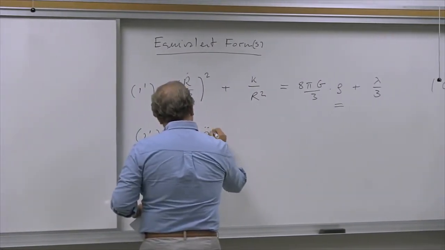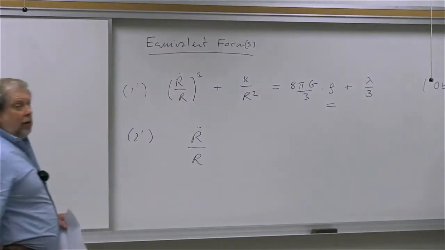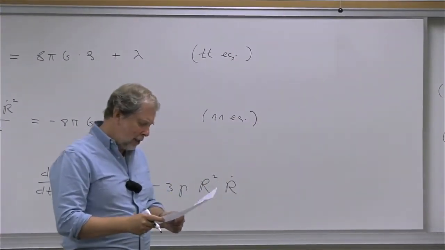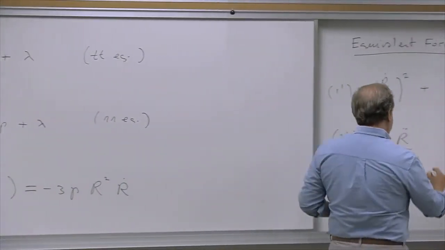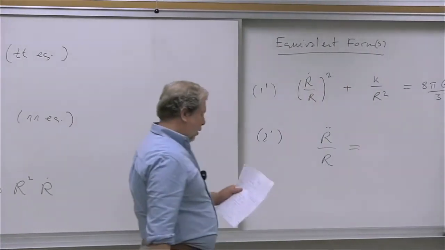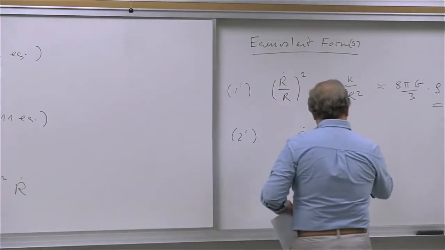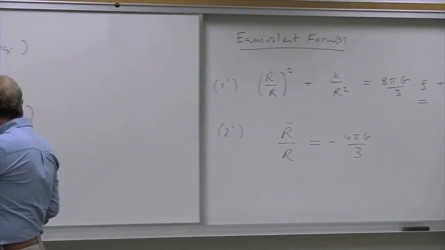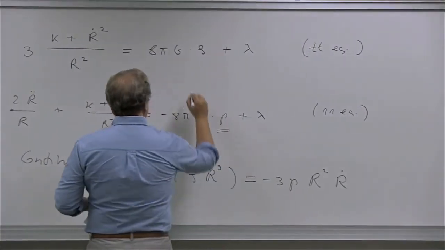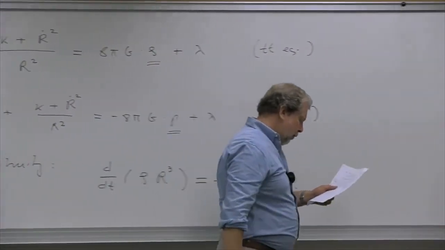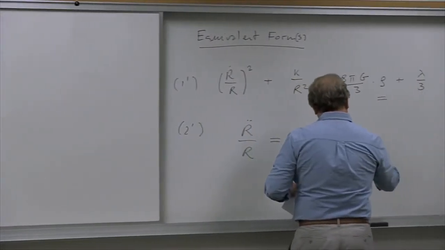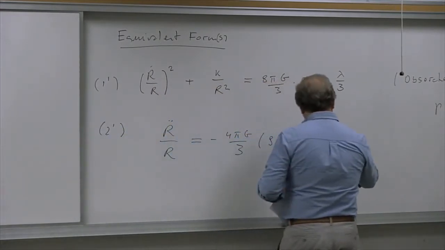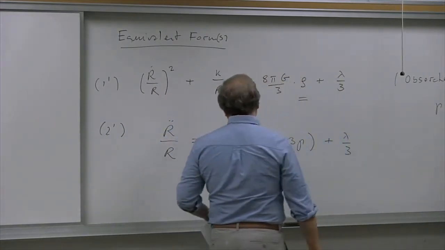And so that would give the second derivative of the scale factor, the rate at which this universal expansion is accelerating, that is given r double dot divided by r is equal to minus 4 pi G divided by 3 again. And so now you get a combination of, in this case you have the pressure, in that case you have the rho, so you have a combination of the two, which is rho plus 3p. And of course the lambda term is still there, it doesn't cancel out, so you get plus lambda over 3 in this case as well, right?